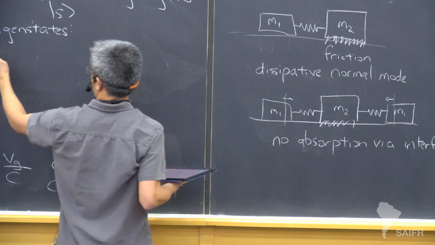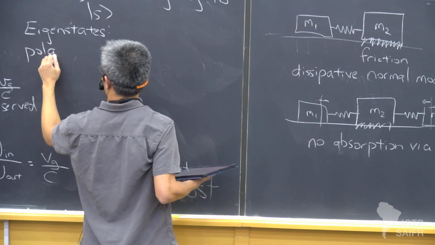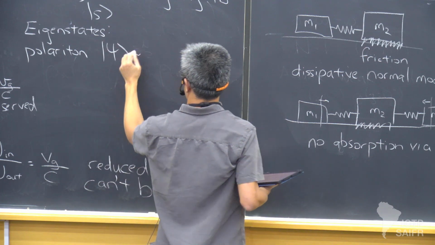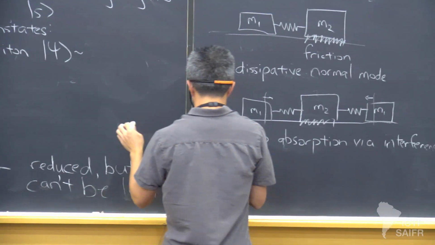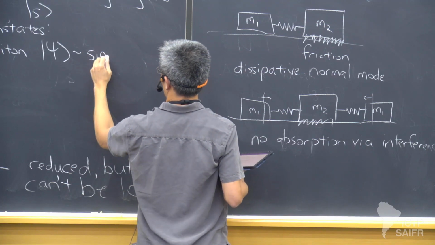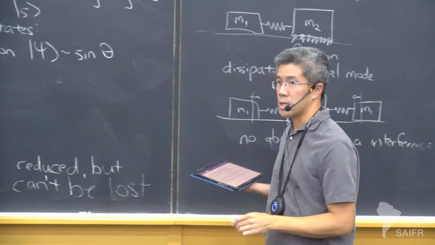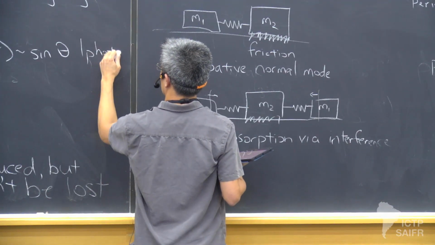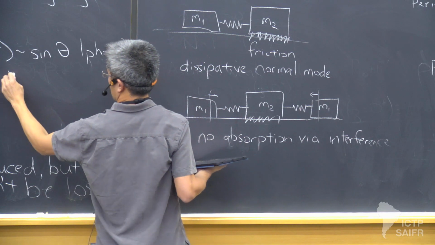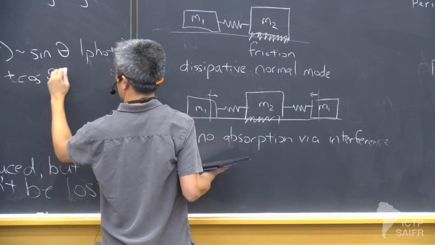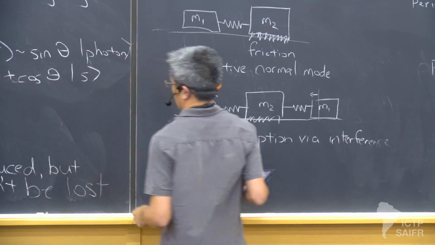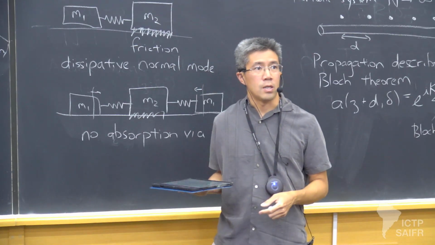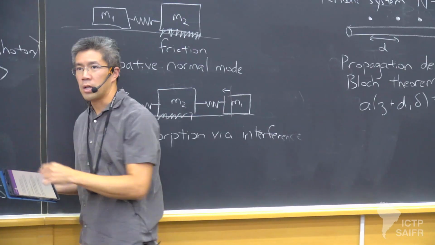So you get a polariton, which is roughly, you can define some abstract mixing angle theta, which is part photon, plus cosine theta and a spin excitation S. I write this as a symbolic Hilbert space.